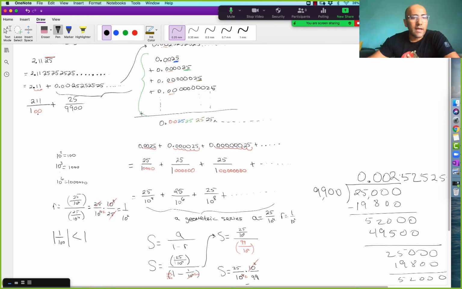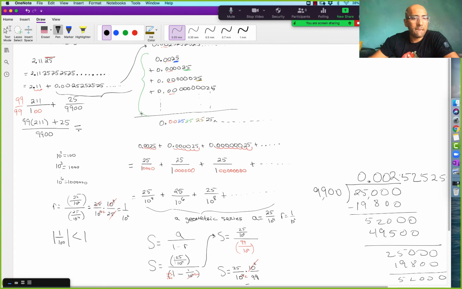Okay, common denominator, well, that's going to be easy. This is 9,900. This is 100. So if we multiply this one by 99 over 99, we'll get a common denominator of 9,900. So this is going to be equal to 99 times 211 plus 25 divided by 9,900. Good.